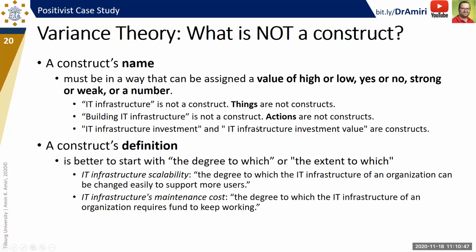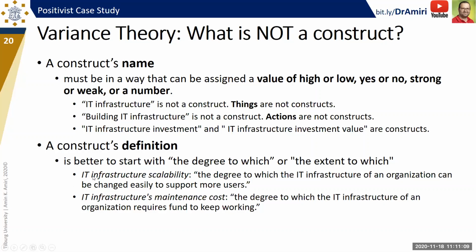This is another common issue with our students. They provide things or actions as the name of the constructs. In constructs, definition is quite important. I would suggest you start the definition with the degree to which or the extent to which.